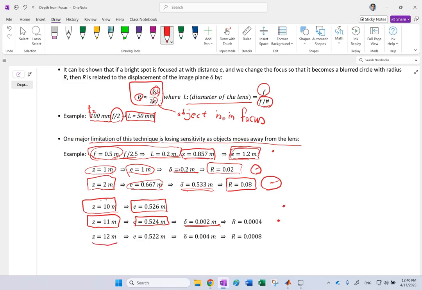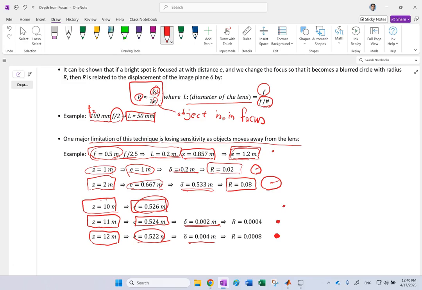And you change it another meter, your E goes to 0.552. That means delta from this number to this number is 0.004. That means radius is 0.0008. So again, slightly bigger. Do you see here that the sensitivity to changing the position and refocusing is much less compared to when the object is closer, right?